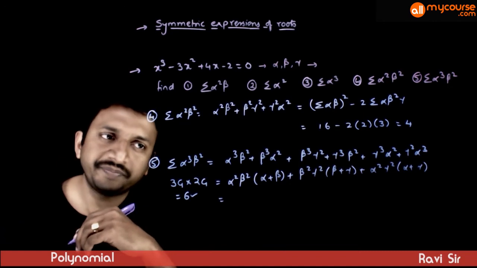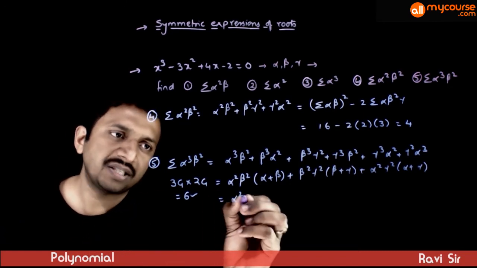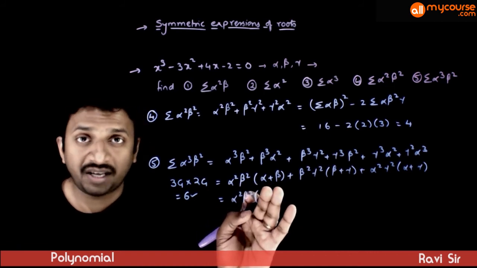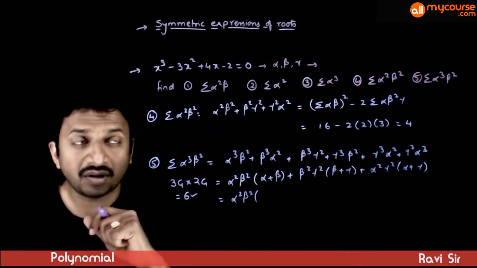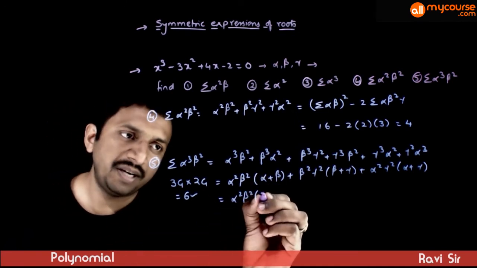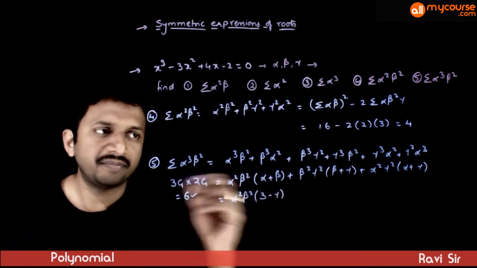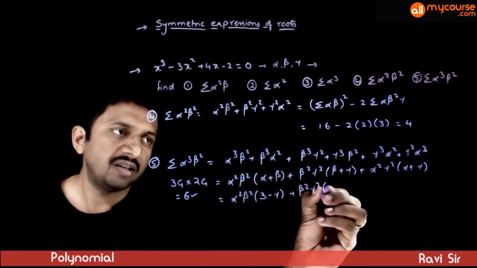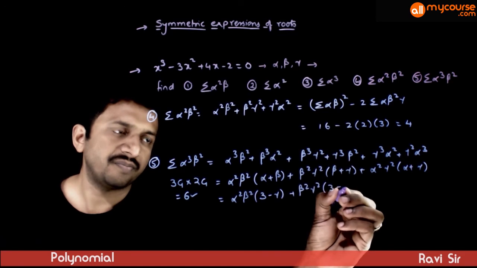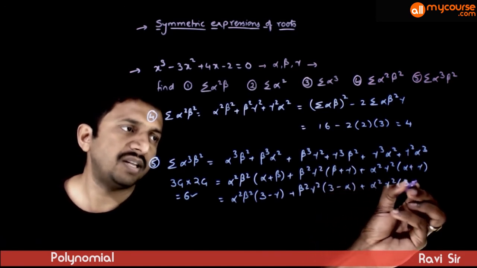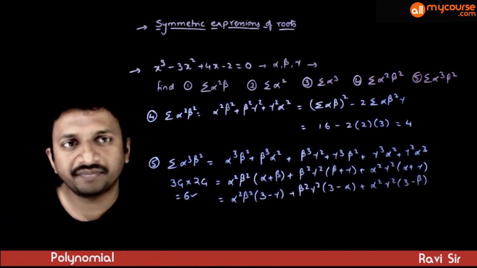That is equal to alpha square beta square times alpha plus beta, and as we have seen before, alpha plus beta plus gamma is equal to 3. So alpha plus beta is 3 minus gamma, plus beta square gamma square times 3 minus alpha, plus alpha square gamma square times 3 minus beta.